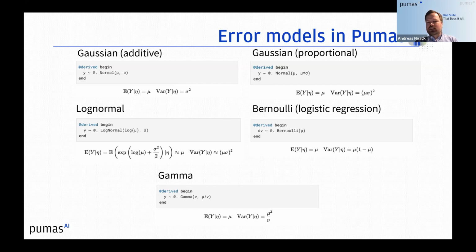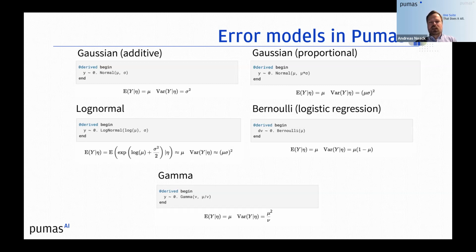You can get something similar if you model your data log transformed, which is equivalent to specifying that your data is log normal distributed. So that's in the middle to the left here. In PUMAS, you can simply write that y is log normal, and that will be exactly identical to log transforming your data and then modeling the log transformed data.